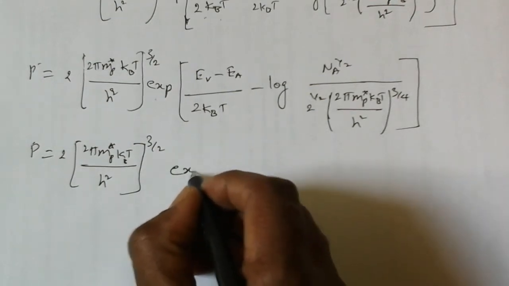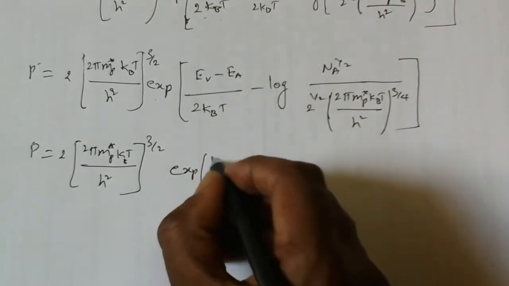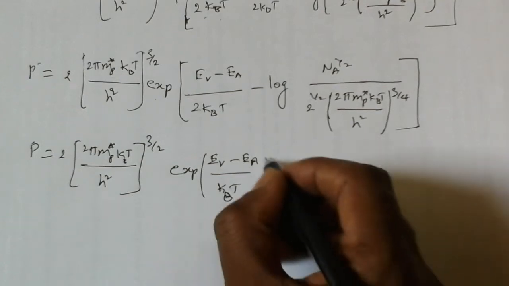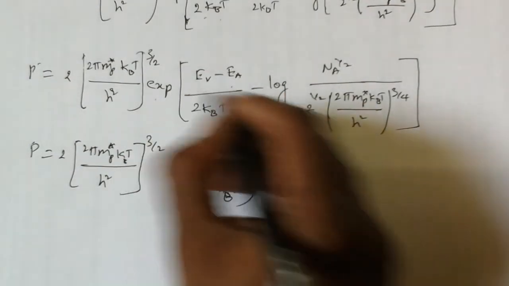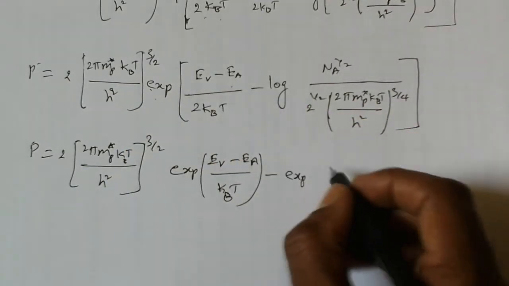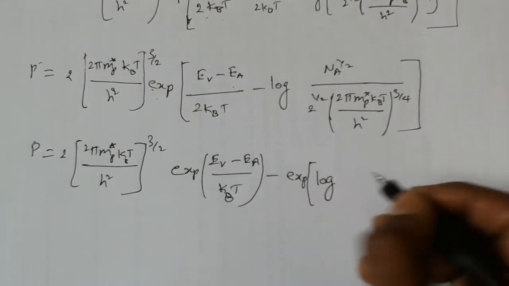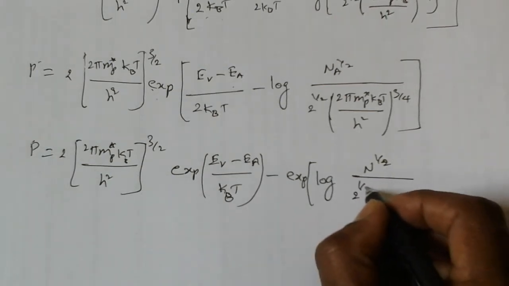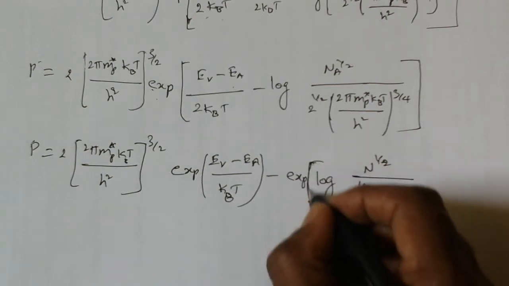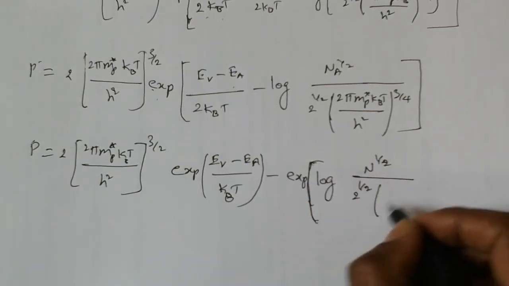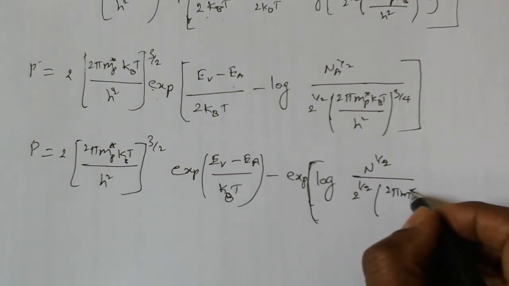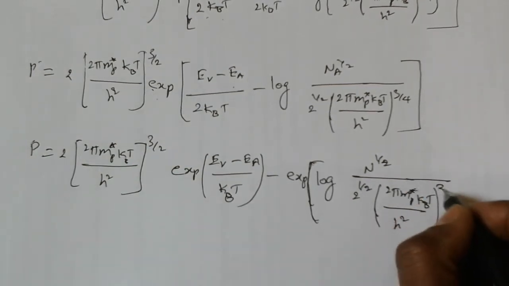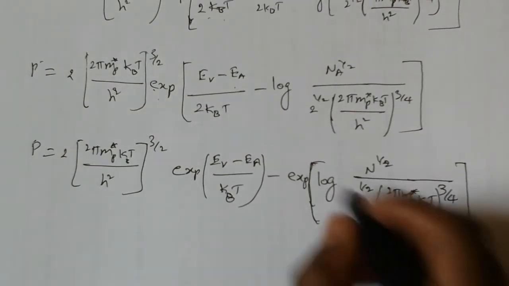This I can write as exponential of E_V plus E_A by k_B T, this value, next minus this value, exponential of log of N power of 1 by 2 by 2 power 1 by 2 into 2 pi m_p star k_B T by h square, whole power 3 by 4. It is completed like this.